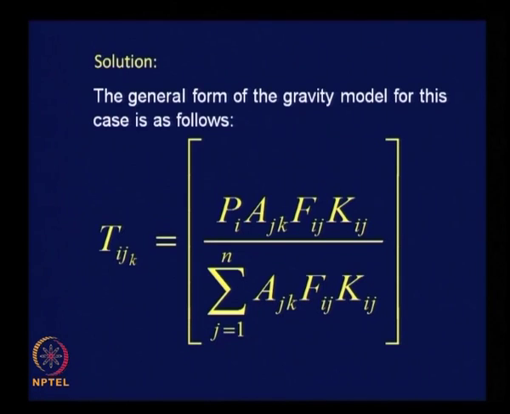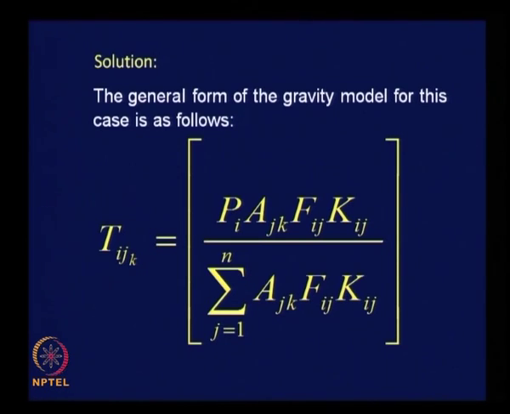We distribute trips made for work, and within work trips made by public transit. Clear? So m and p are gone. We are not introducing those subscripts as well as superscripts. So we can write Tijk to be equal to Pi Ajk Fij Kij whole divided by sigma j is equal to 1 to n Ajk Fij Kij.